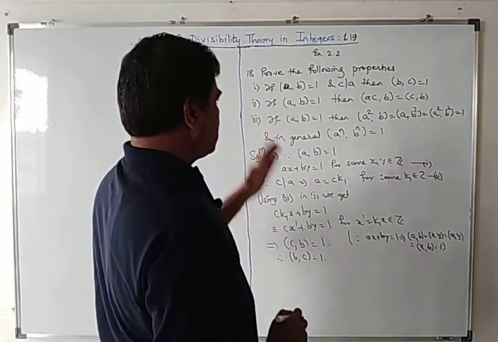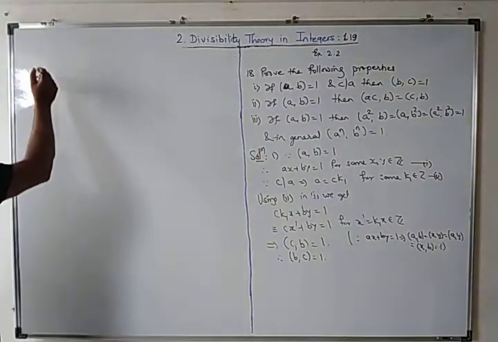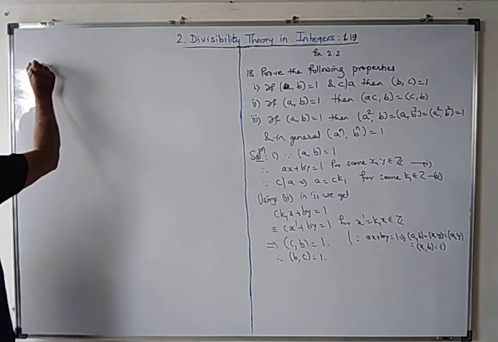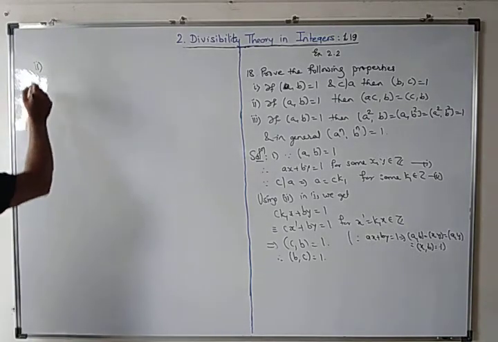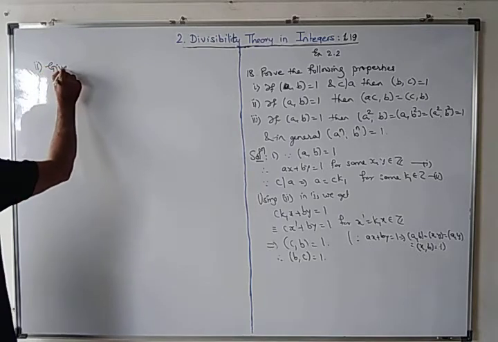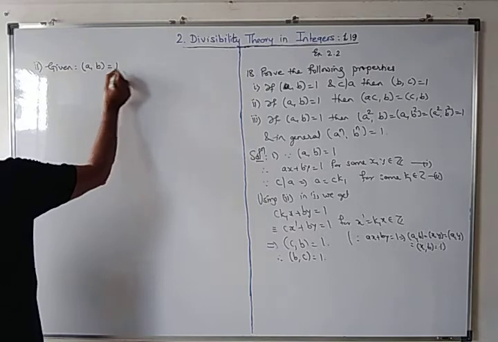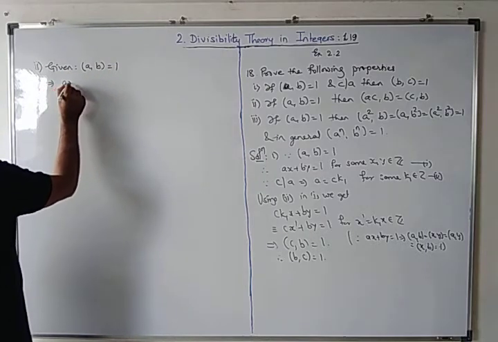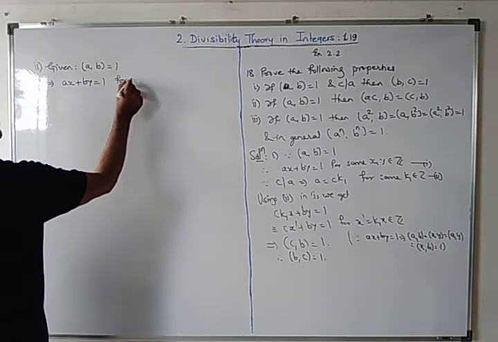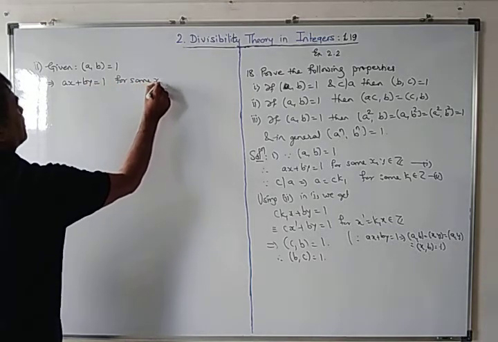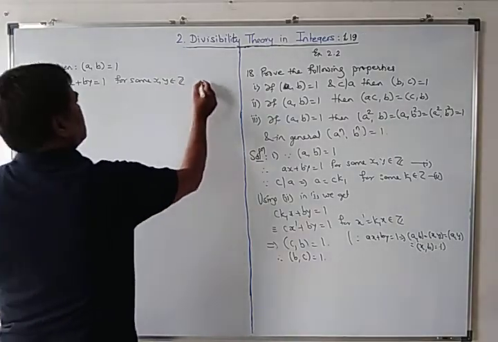Okay. Now second one. Given GCD of A, B is equal to 1, it implies Ax plus By is equal to 1 for some x, y belongs to Z. This is one.